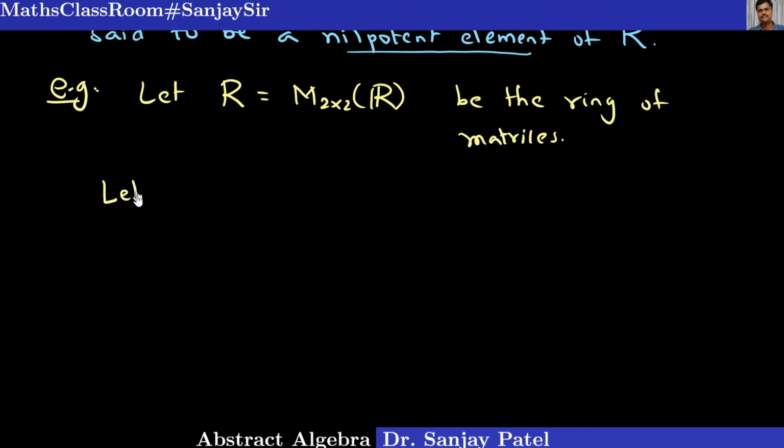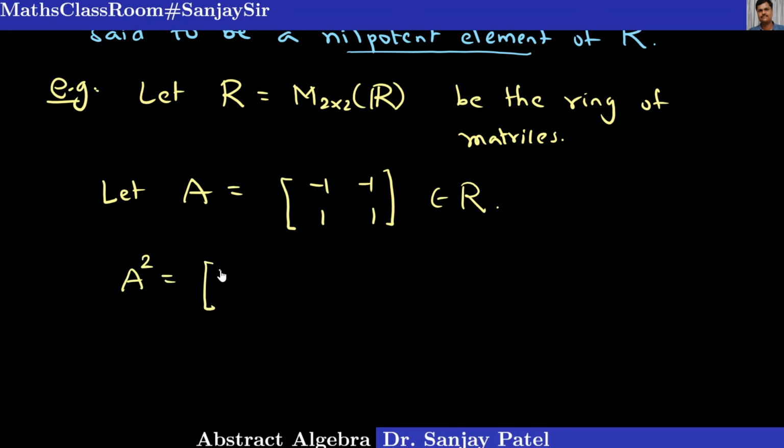Let us take a matrix A given by -1, 1, -1, 1. This is an element of the ring R. Then if I find A square, that is A into A, it is -1, -1, 1, 1 times again -1, -1, 1, 1. And we know how to multiply two matrices. So first we multiply the first row with the first column.